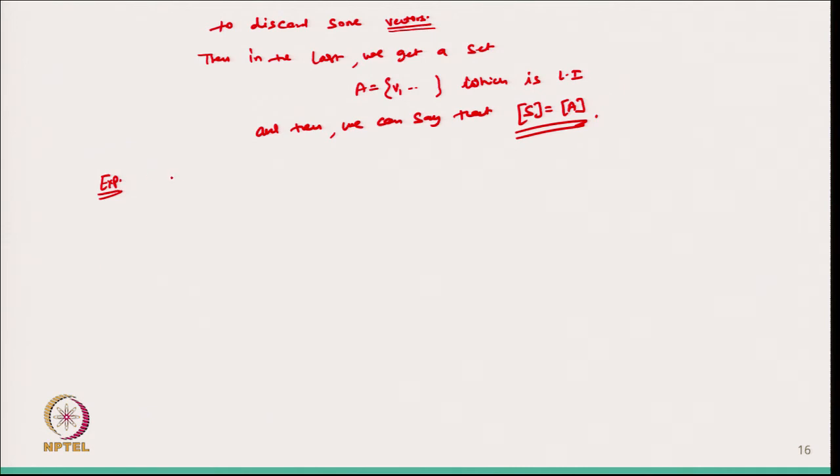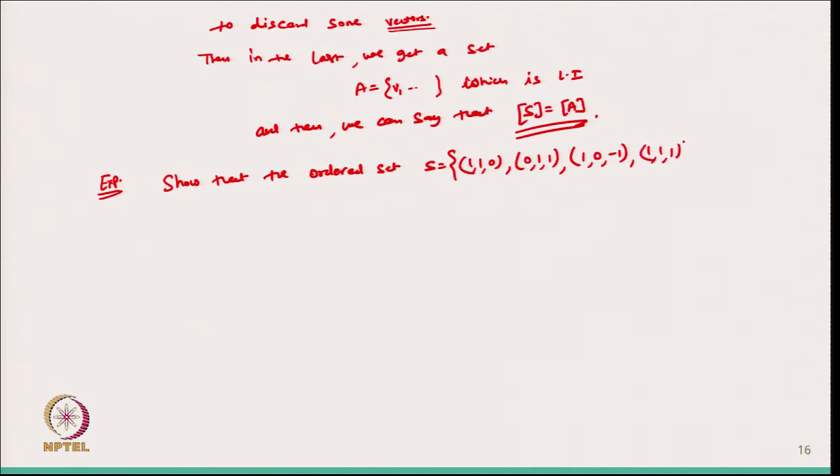So the question is, show that the ordered set, so this is a set, we are taking (1, 1, 0), (0, 1, 1), (1, 0, minus 1), (1, 1, 1). So suppose this is my set S.